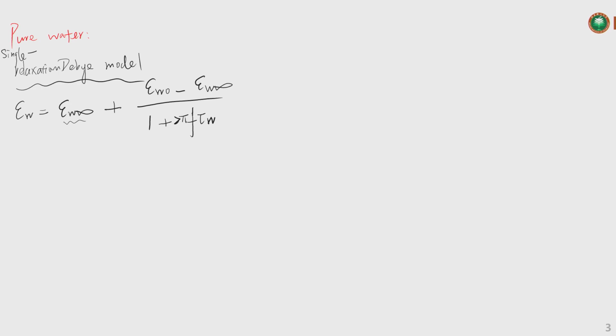So these values are usually obtained by fitting to the measured data in the calculations.